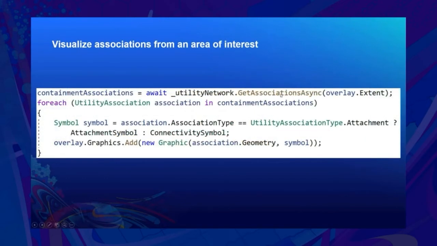We called getAssociationsAsync again, this time with a combined extent of the content features, and the result of these get associations will have a geometry part, representing the attachment or connectivity. Assigning them a distinct symbol, we can display them as graphics as well.